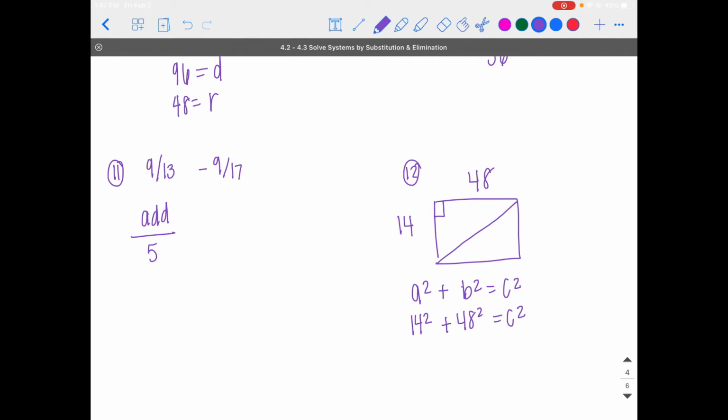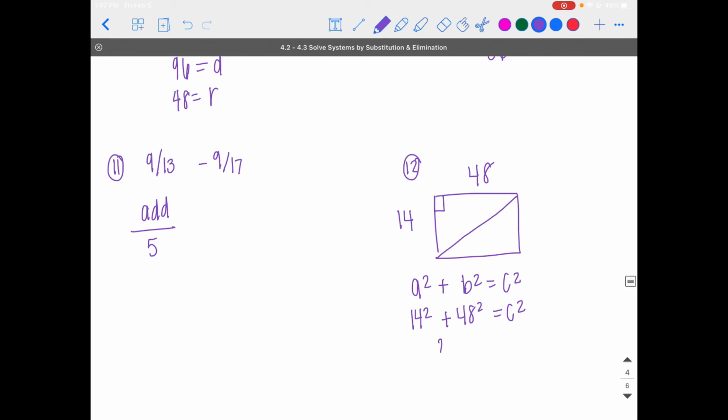If we do 14 squared plus 48 squared in the calculator, we get 2,500 equals C squared. And then we take the square root to get 50.